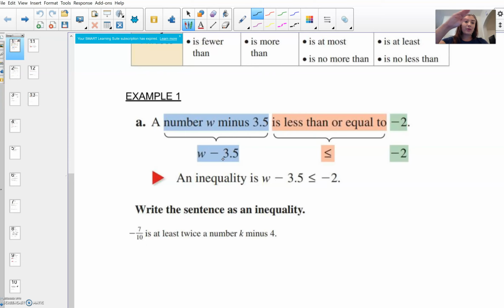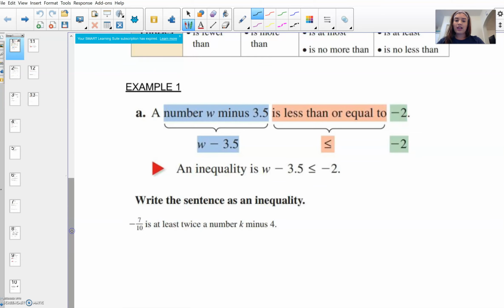So a lot of people talk about the alligator mouth is going to be pointing towards what's bigger. So if the number minus 3.5 is less than or equal to -2, the mouth of the alligator is going to be pointing towards and chasing after the bigger number, the greater value. So our inequality is w minus 3.5 is less than or equal to -2.